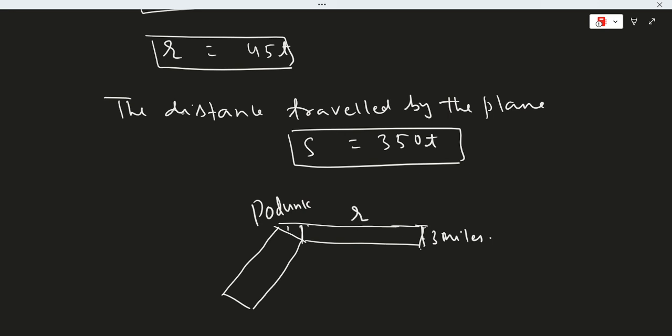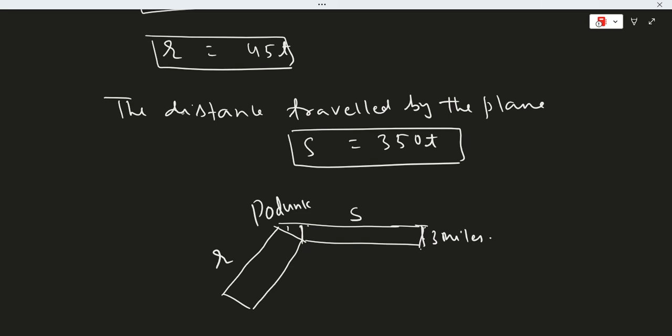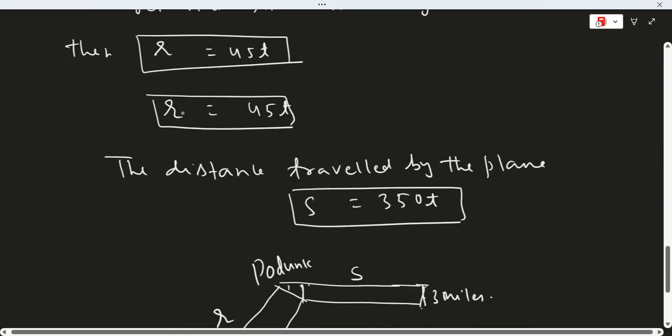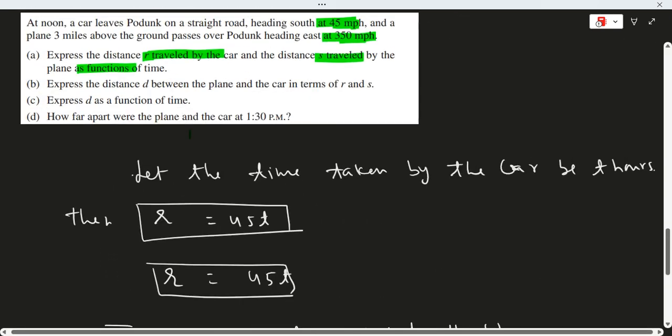The car is moving south, so this distance is r, and this is s. We need to express the distance d between the plane and the car in terms of r and s. The distance between the plane and the car will be this distance. Let's call it d.